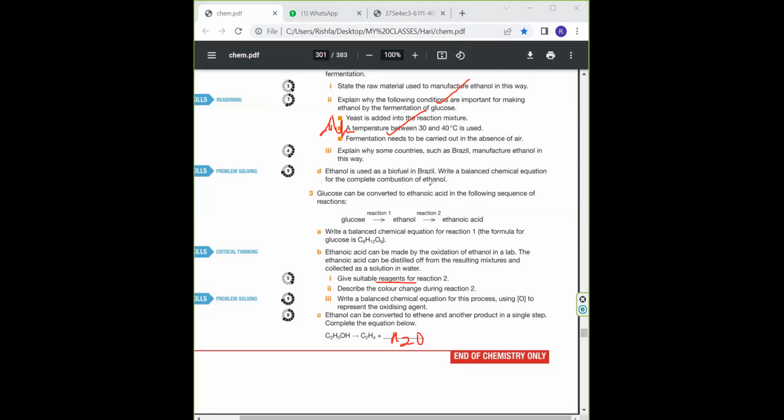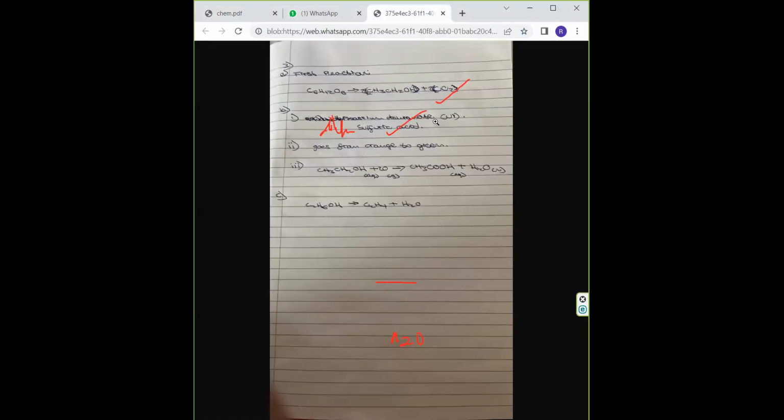Potassium dichromate. Okay, you have written that. Okay, correct. Goes from orange to green. Okay, that's correct. Can you put a double bracket here? So, that's correct. Understood after this?